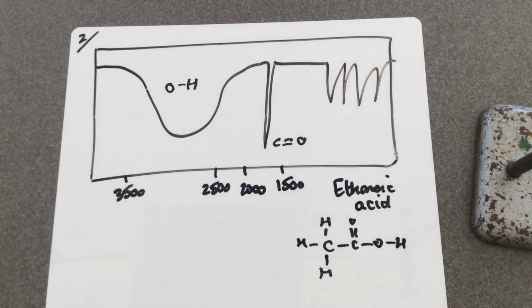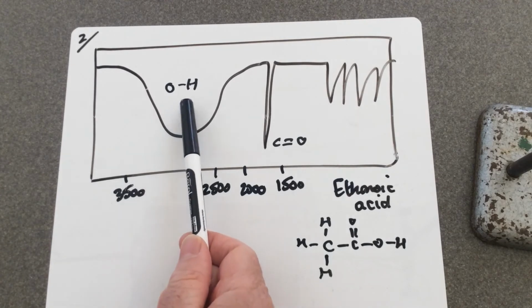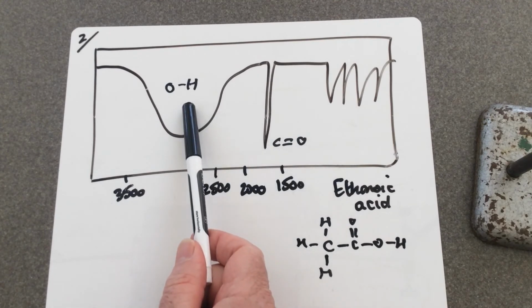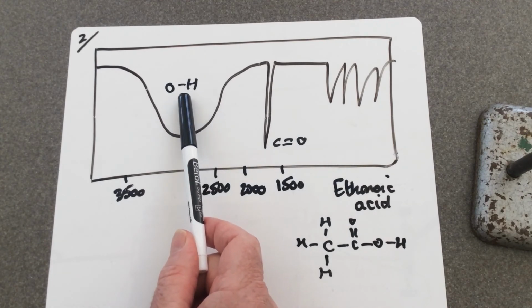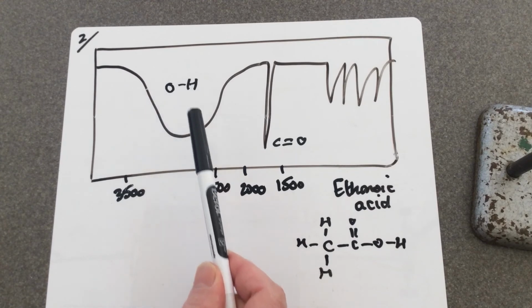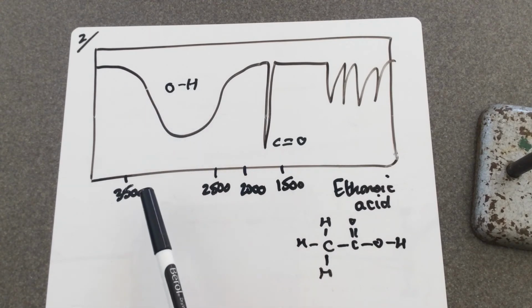And that's all that infrared would be able to tell us. It wouldn't be able to tell me the number of carbons or the number of hydrogens or anything like that. All it can do is tell me which bonds are present, and conversely, which ones are not present. The moment that I see these two absorbances, and particularly with the fact that this OH absorbance is in the region for a carboxylic acid, I know I've got a carboxylic acid.